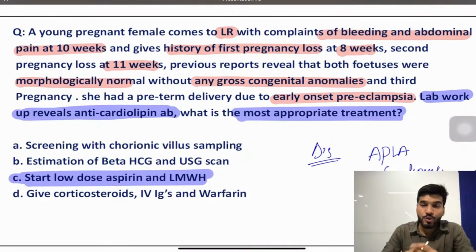Your answer goes to any antibody that will be given, lupus anticoagulant. Is that clear to everyone?